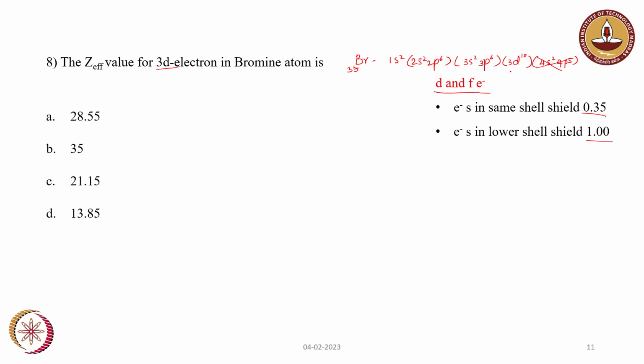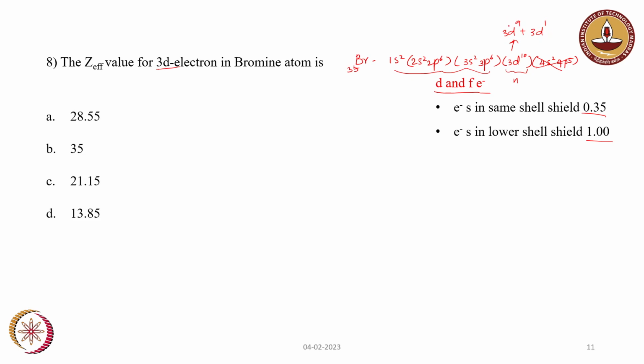So 3d is n, and we'll consider these as lower. So in 3d10, that will be 3d9 plus 3d1, because we are considering effective nuclear charge only for one electron of 3d.